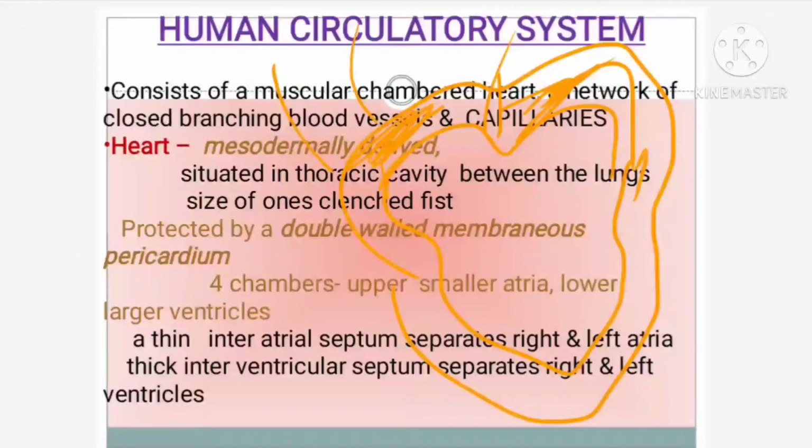The importance of this pericardial fluid is that whenever there is a mechanical shock, for example if someone is trying to beat you on the chest, or if you fall down and your chest portion is hit, sometimes the rib cage protects.